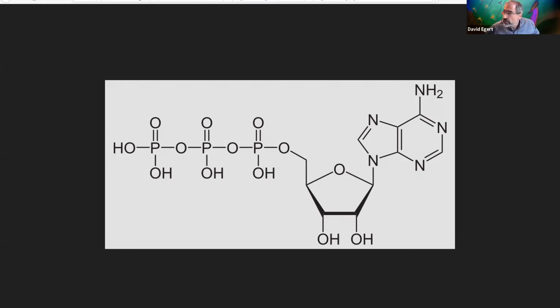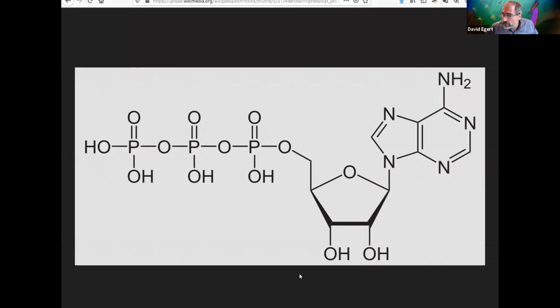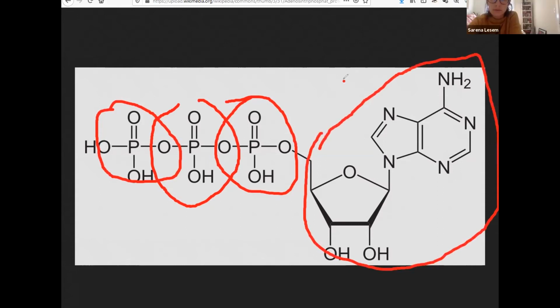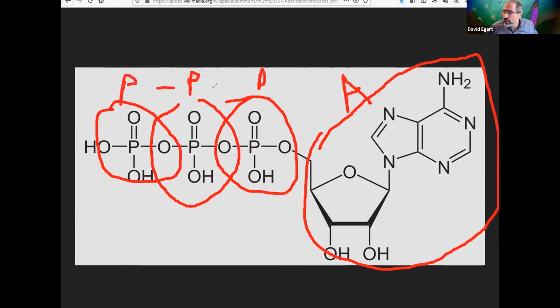Let me try one more time. I'm going to share. Now I think it's going to work. Phosphate, phosphate, phosphate. This is adenosine, A, and P, P, P.